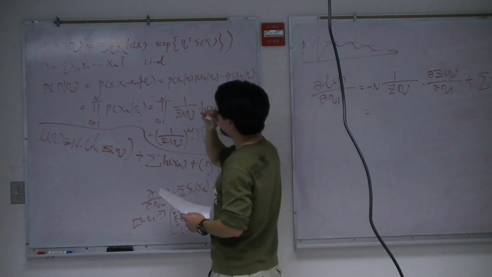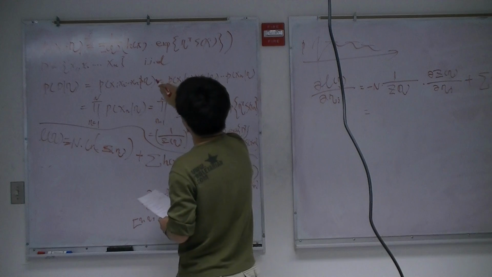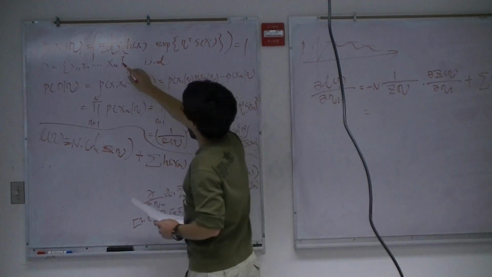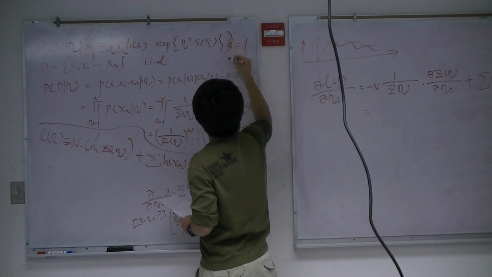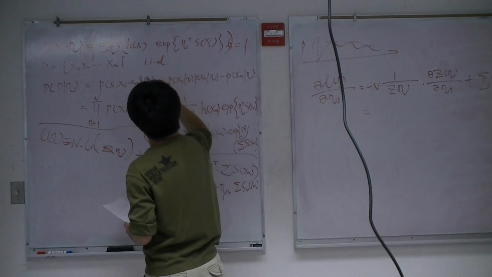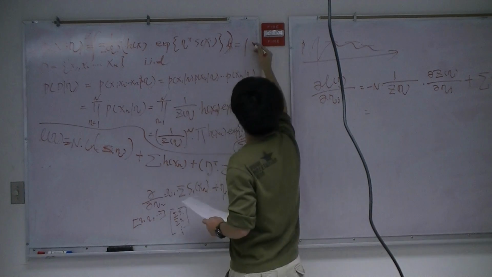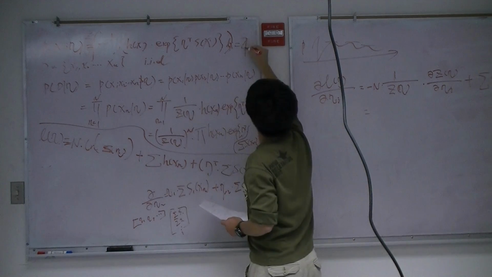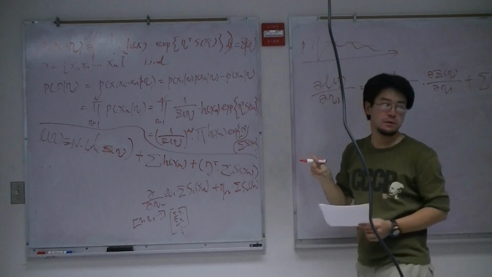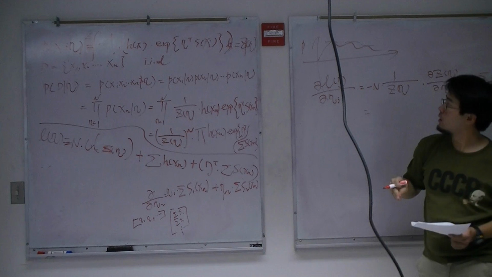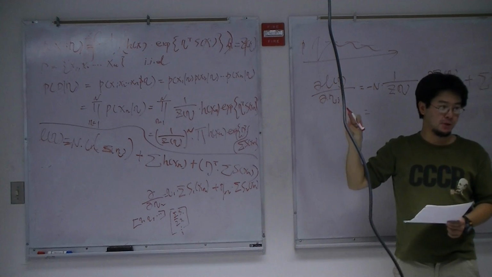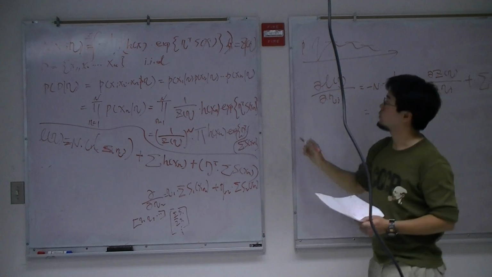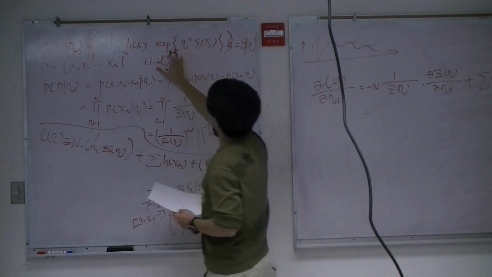So if we move this out and put it to the other side, integrating this whole thing with respect to x gives z. Why do we set it equal to 1? Because this is a PDF, so when you integrate a PDF, it needs to be 1. So z(eta) is equal to the integral of all this term.